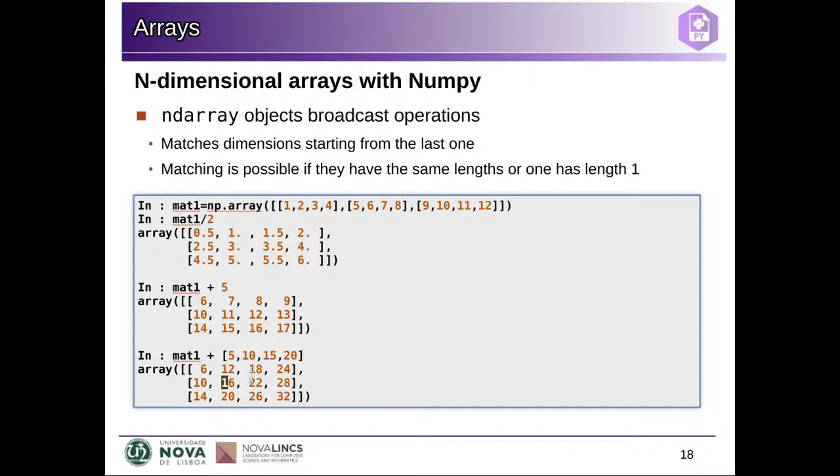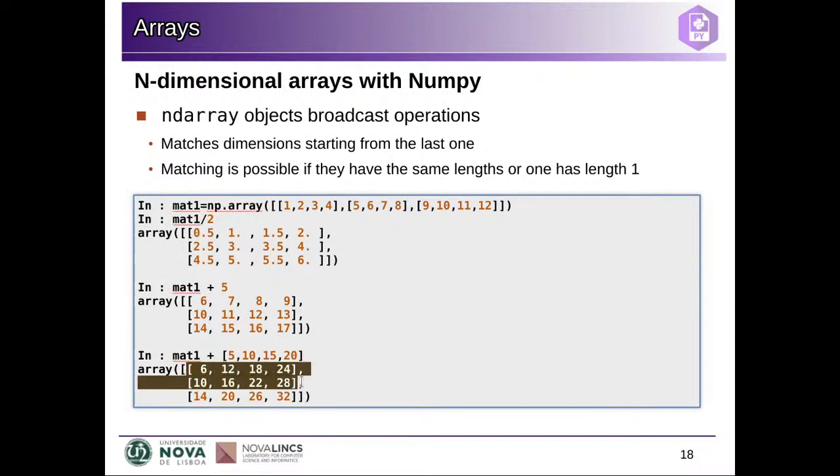This is a very flexible way of broadcasting these operations and repeating the operations along your matrix with arrays of different dimensions. If you're unsure about how to do an operation like this, it's easy to look up in Google or just experiment. But the basic rule is that Numpy will match the dimensions from the last one to the first.